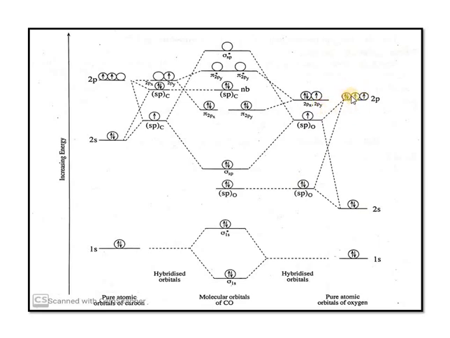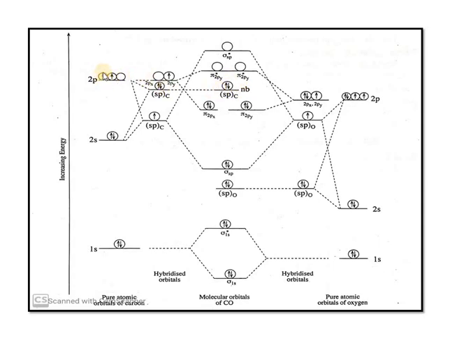And similarly, one of the electrons is going to the carbon, and one of the electrons is coming here to make the sp orbitals of carbon, and these sp orbitals of carbon are non-bonding electrons, right? These are non-bonding electrons.